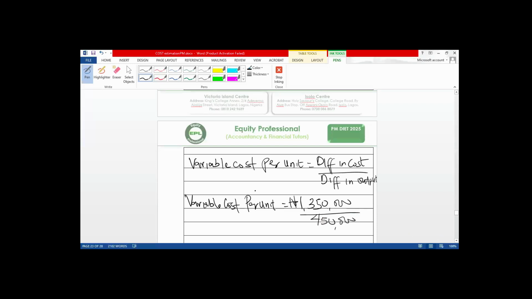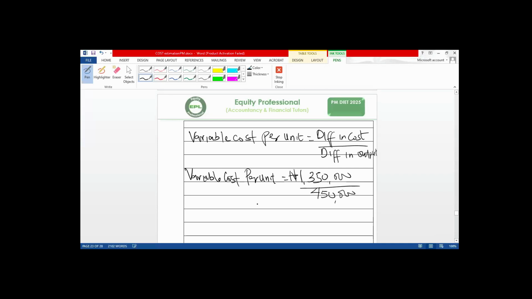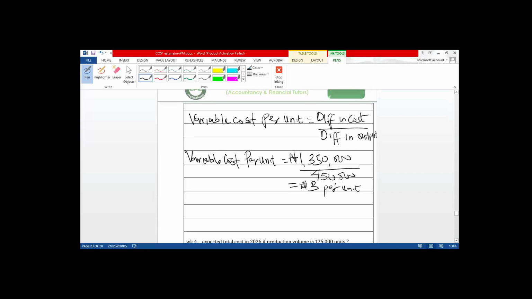What do we have, please? 3 naira, 3 naira per unit. Now we have gotten the variable cost per unit. Then calculate total variable cost, either at the highest level or at the lowest level.